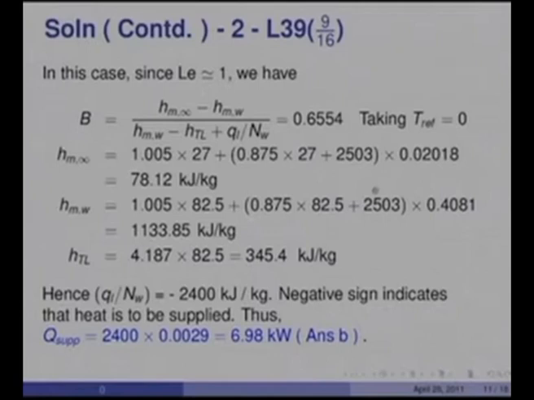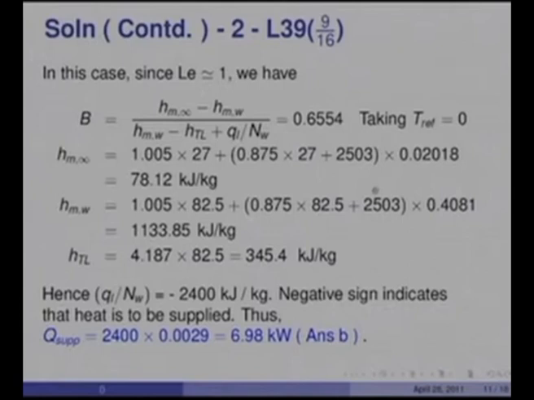I can calculate h_m infinity, and I can calculate h_m w also as 1133.85, because I know omega_v w, and h_TL will be 0.4 into 1.187 into 82.5, equal to 39.2.